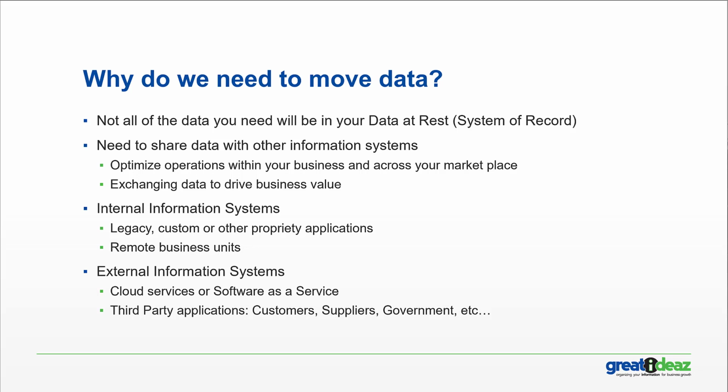So essentially to optimize our operation at a business level, we need to be able to share information with other systems that are not part of the scope of our data agnostic services, and therefore we need to transform and transfer information from our own data at rest storage areas into whatever storage is being used in these other applications. And essentially, the point of this is that the exchange of data enables us in some way to generate additional value in our business operations.